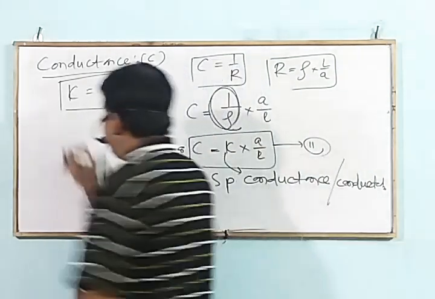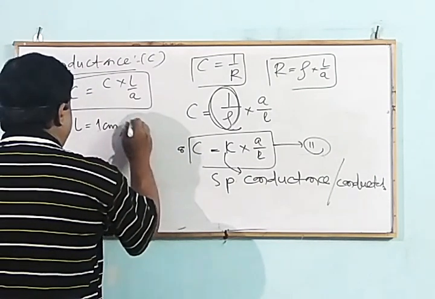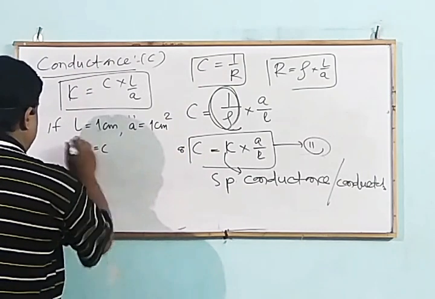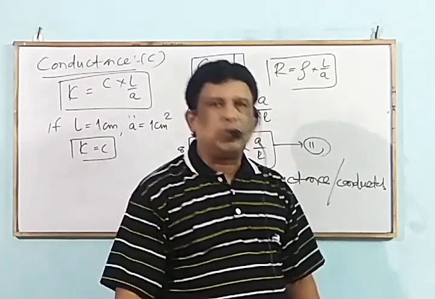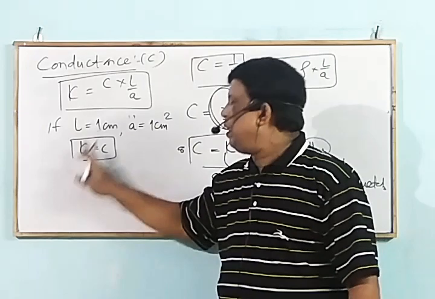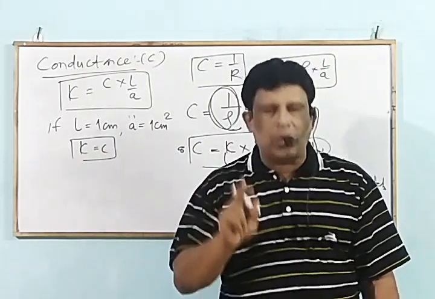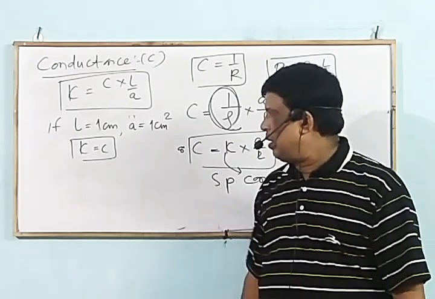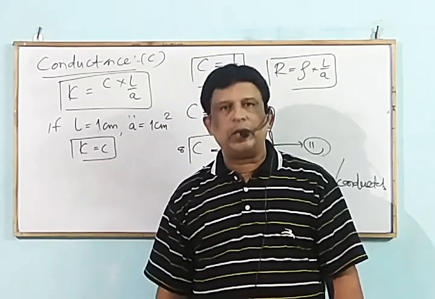If L is equal to 1 cm and A is equal to 1 cm square, then kappa is equal to C. So from this mathematical expression, one is able to deduce one definition: specific conductance or conductivity of a conductor is defined as the conductance when the length of the conductor is 1 centimeter and cross-sectional area is 1 centimeter square.